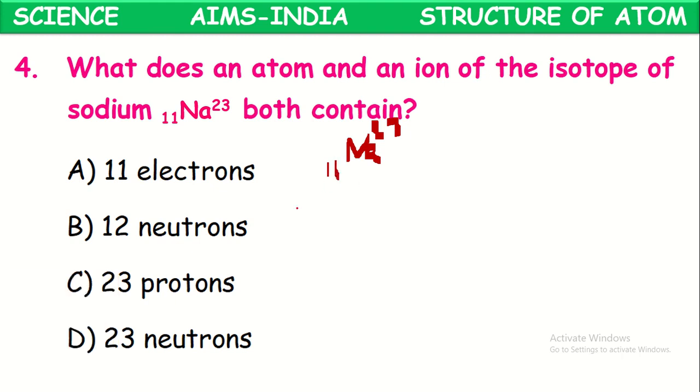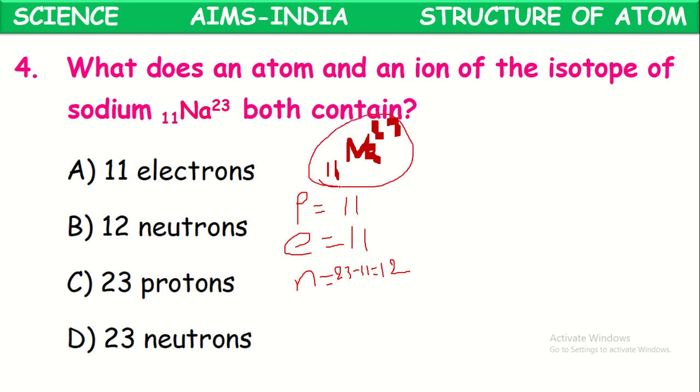The number of protons is equal to the atomic number, 11, and the number of electrons will also be equal to the number of protons. The number of neutrons is mass number minus atomic number, that is 23 minus 11, which gives 12. It has 12 neutrons. This is about a neutral sodium atom.